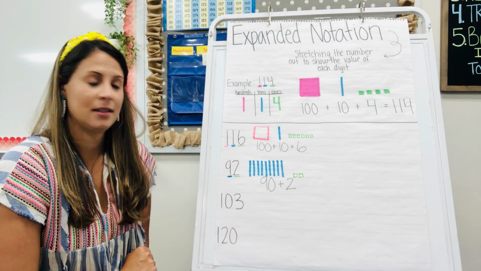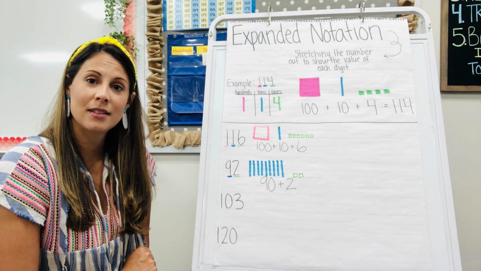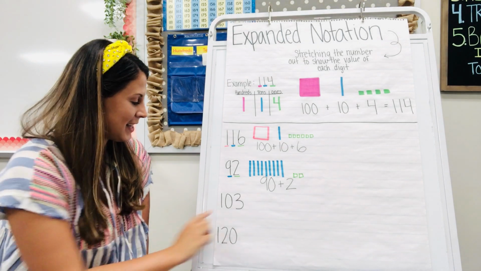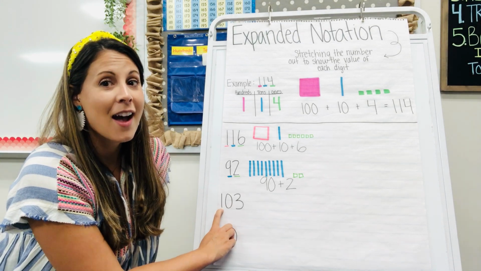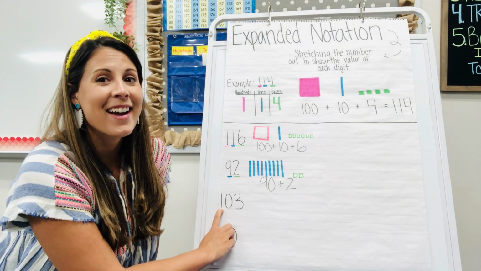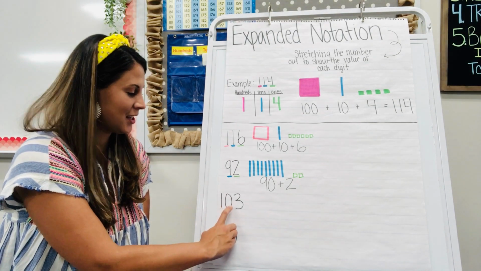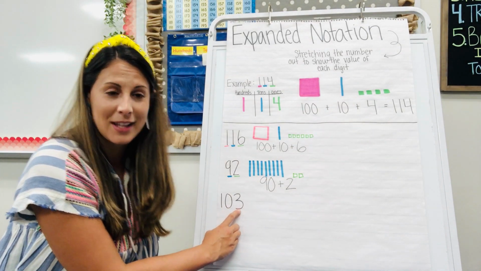103. How many digits? 3 digits. The first digit is our, what place? Hundreds place. So we have our hundreds, then our tens, then our ones.